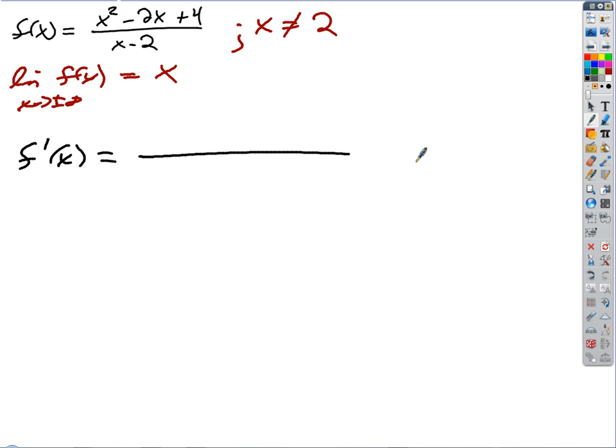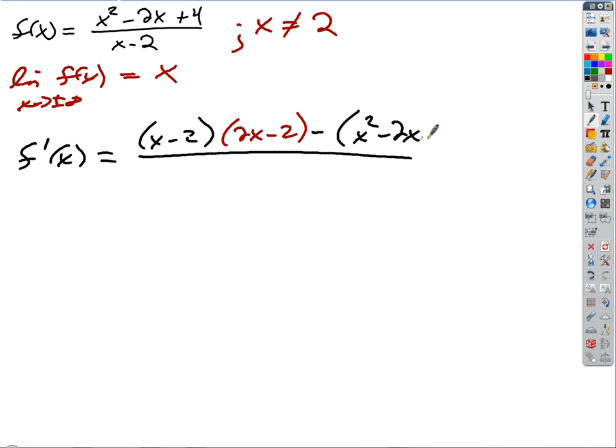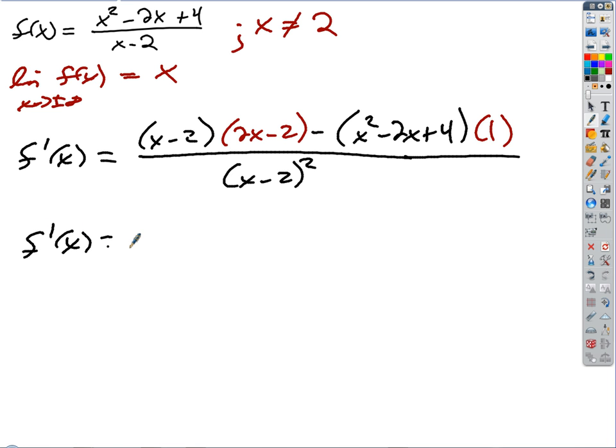More quotient rules. Okay, so x minus 2 times 2x, good, minus x squared minus 2x times minus 1, good. Okay, so if we clean that up, what are we gonna get?